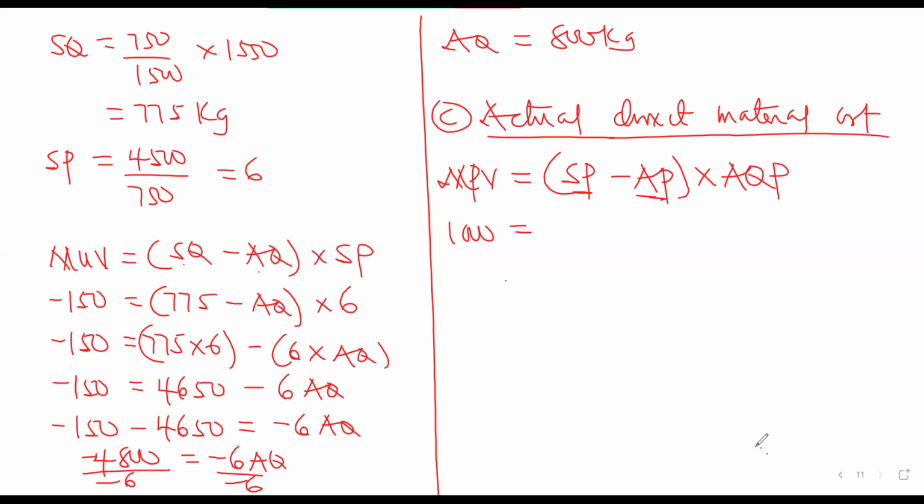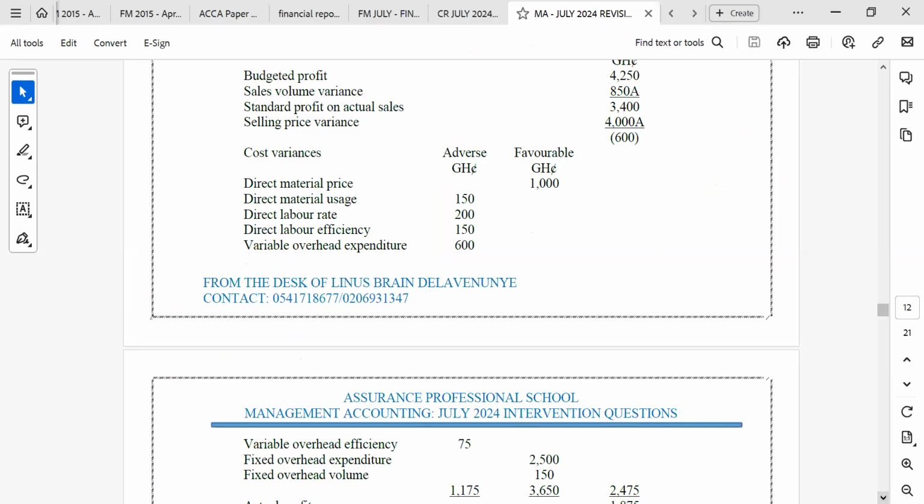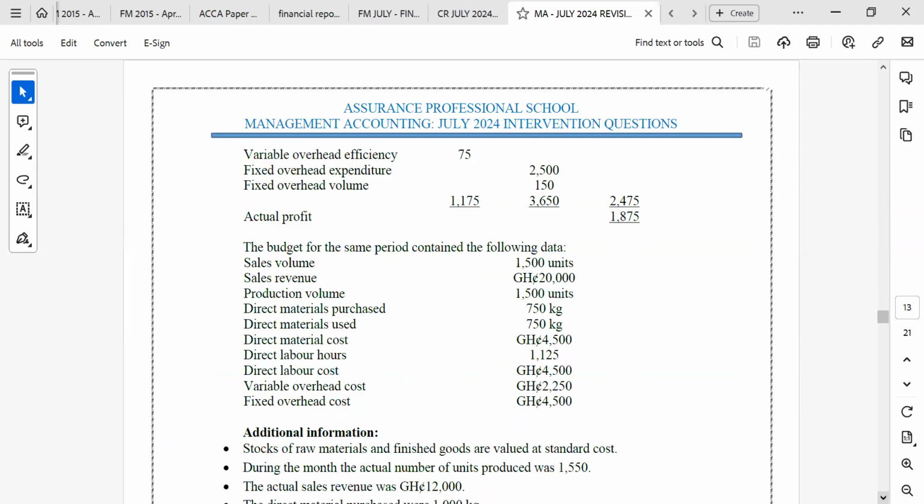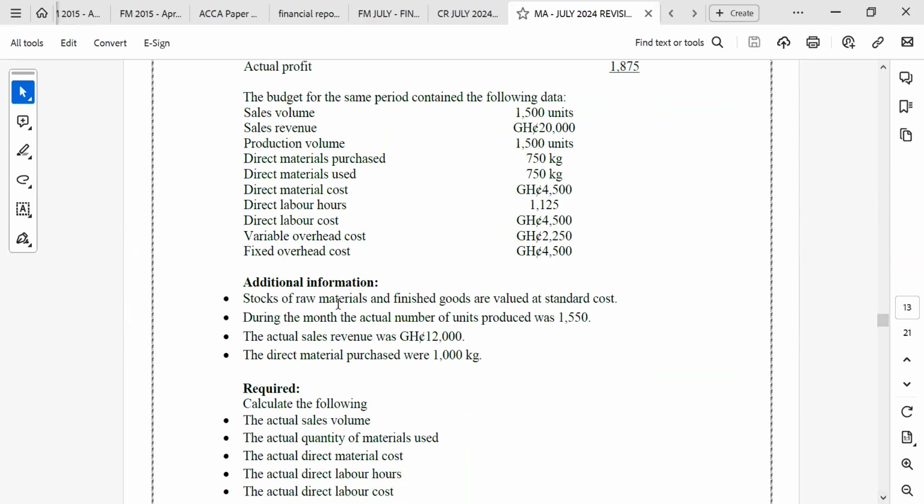Okay, what is our standard? That is 6, isn't it? Our standard price is 6 minus the actual price. We don't know. But the actual quantity purchased is 1,000. The question says that stock of material and finished goods are valued at standard cost. Standard cost means that we use the actual quantity purchased.